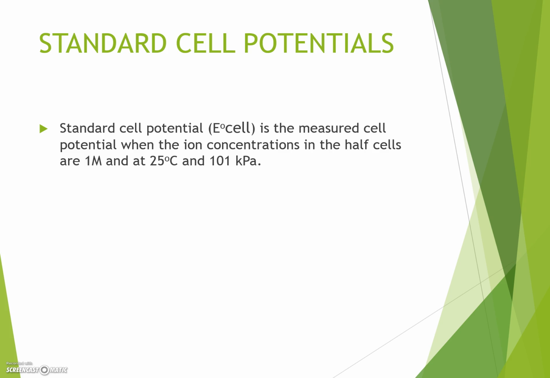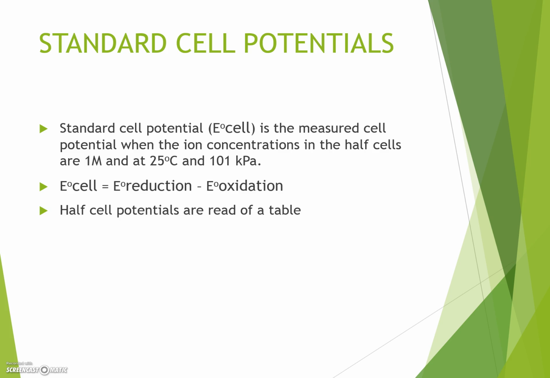And the standard cell potentials are what are going to enable us to calculate the voltage across the cell. And the way we're going to calculate that voltage is by taking the standard reduction potential value for the reduction half reaction and subtracting the standard reduction potential for the oxidation half reaction.